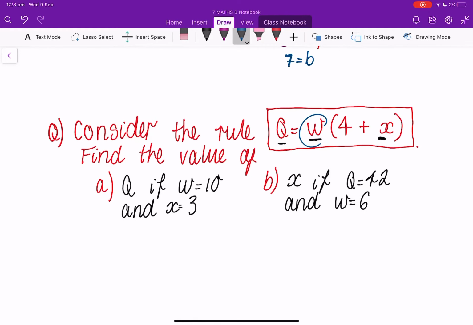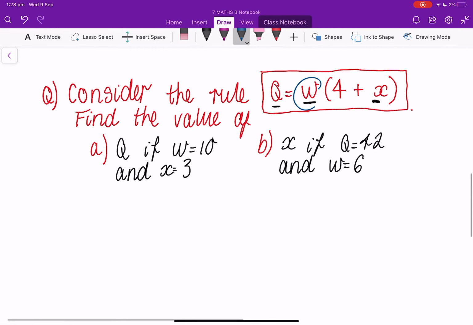But this time we're going to look at a rule, and it's involving brackets. Now, part A, find the value of k if w equals 10 and x equals 3. So this time I've got 3 pronumerals in my rule. 1, 2, 3.